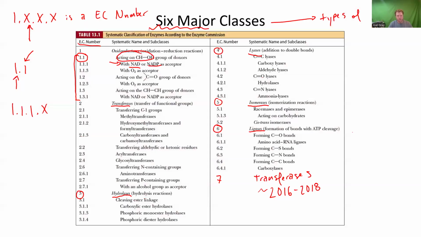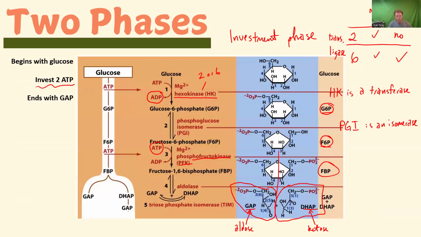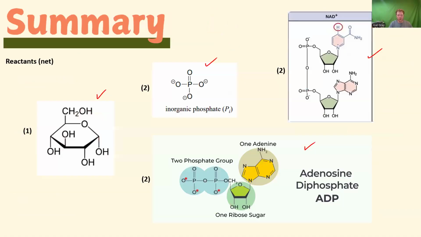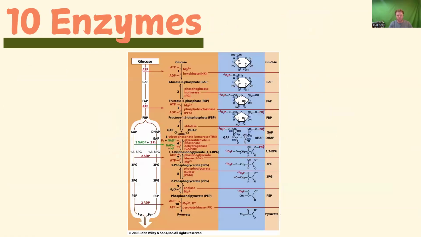Okay, so first of all, when we look at this entire pathway, what I want you to notice is there's no O2 integrated in any one of these steps. So this is an O2 independent process. This is an anaerobic process.